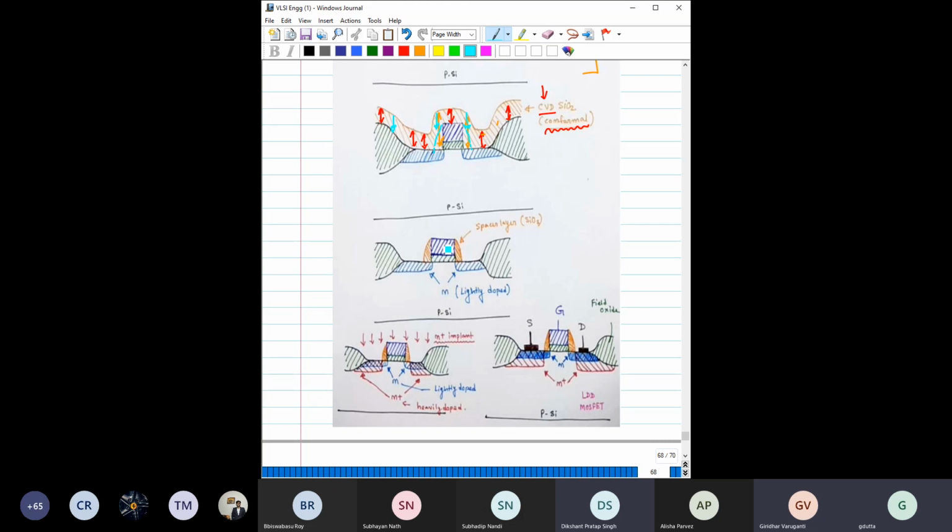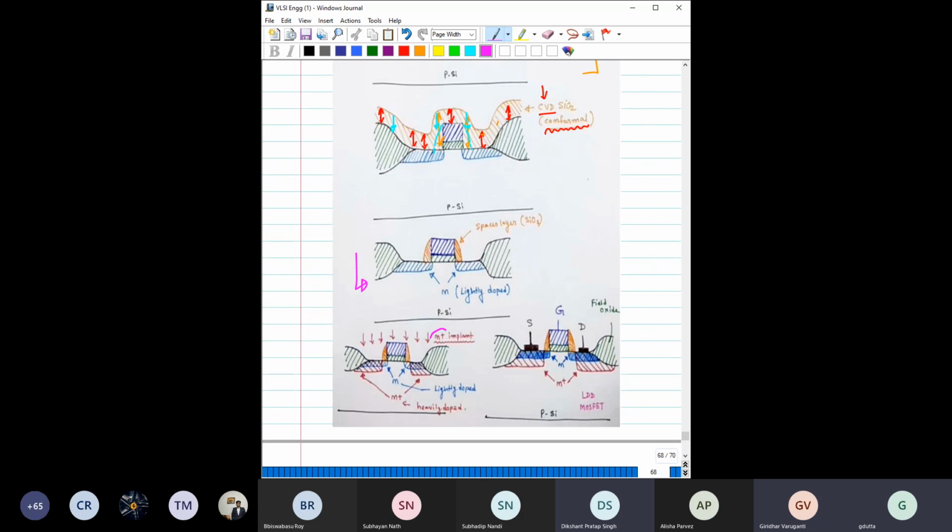This remaining oxide on the gate sides is called the spacer silicon dioxide. Now you have a structure like this, with the spacer layer on the sides.